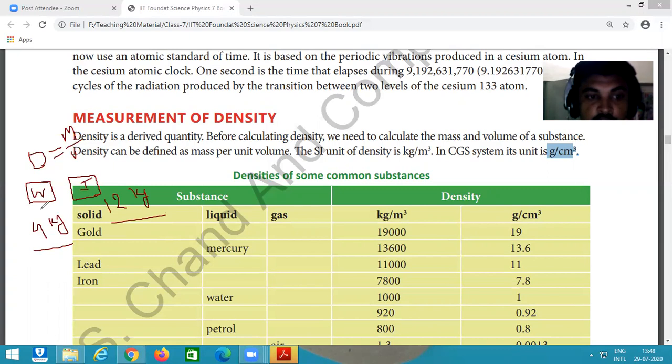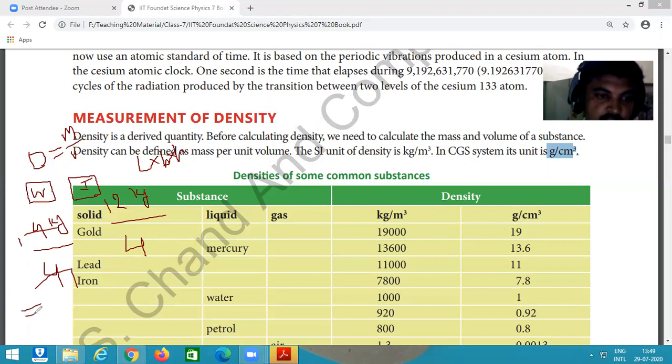For volume, the formula is length into width into height. Both have the same size, which means the same volume. Suppose the volume of both pieces is 4 meter cube.